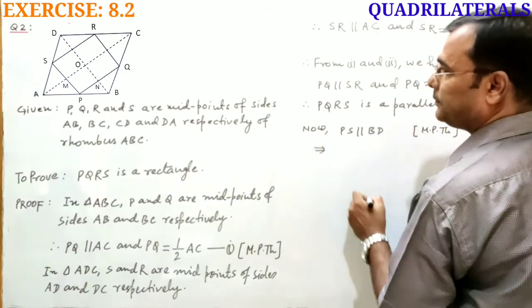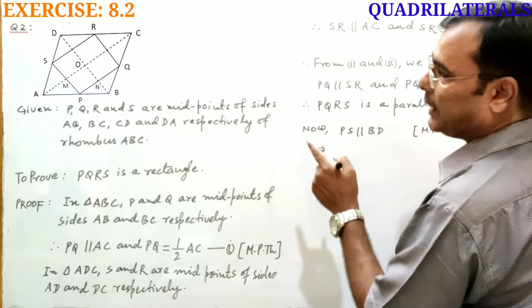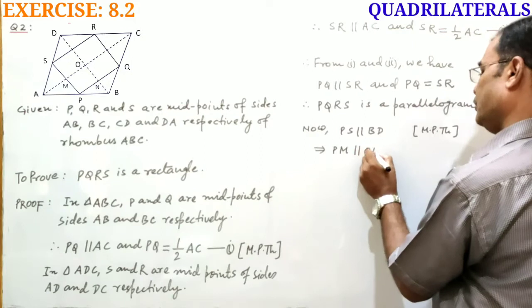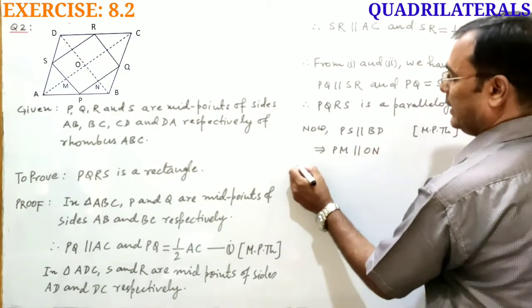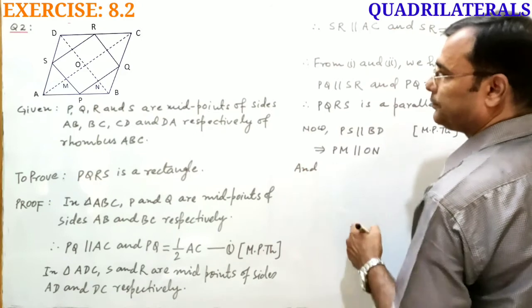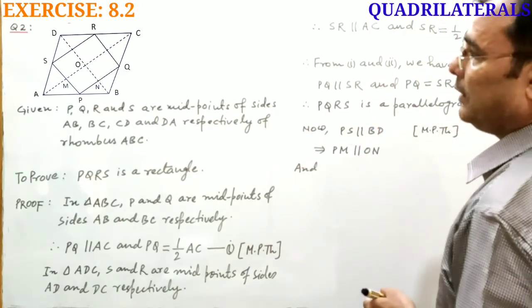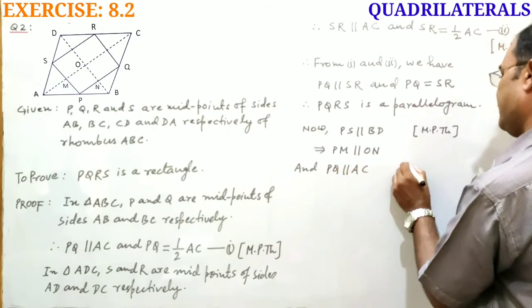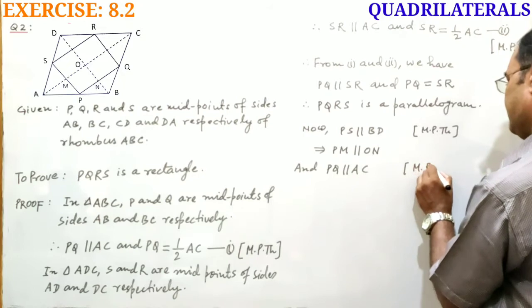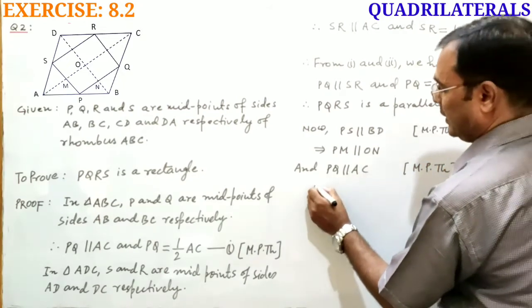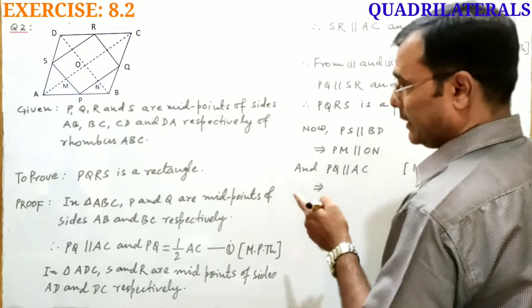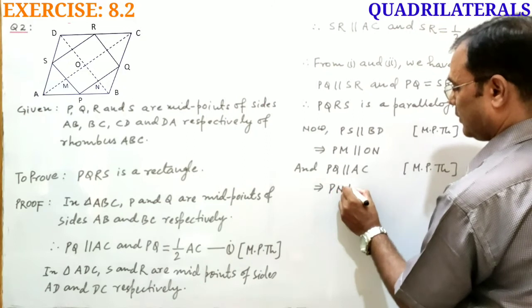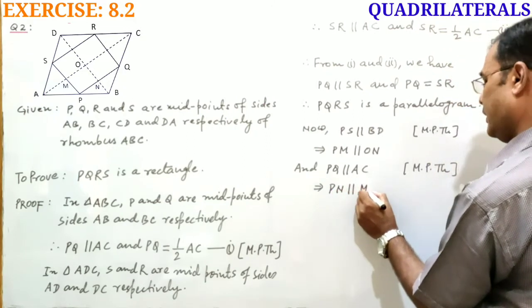This implies that PM is parallel to ON, and PQ is parallel to AC from midpoint theorem, and this implies that PN is parallel to MO.